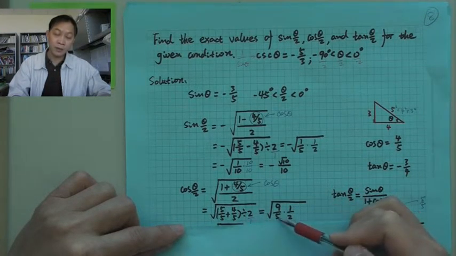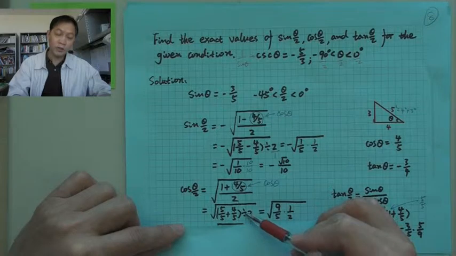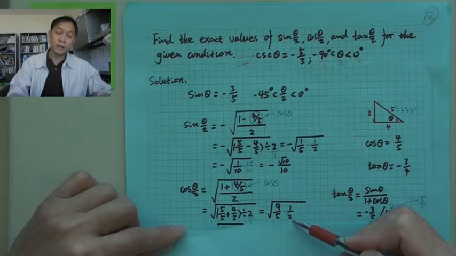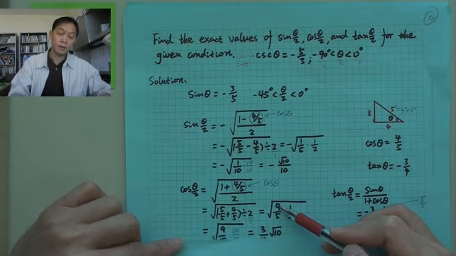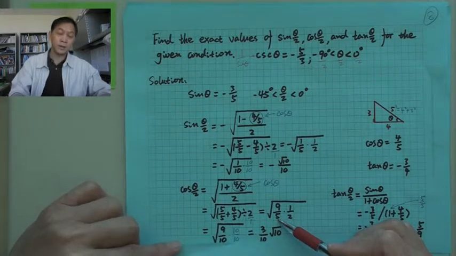The denominators are the same, so you keep it. Divided by 2, which is 2 over 1. Change division to multiplication, that's 1 over 2. Again, 1 times 9 is 9, and 2 times 5 is 10.